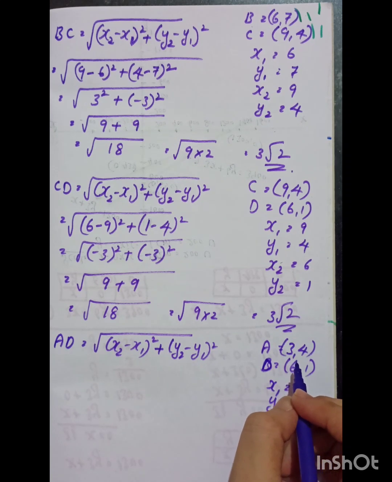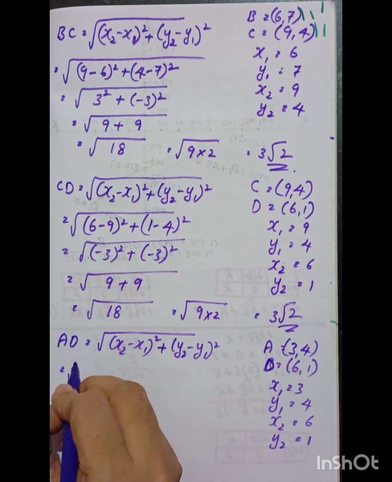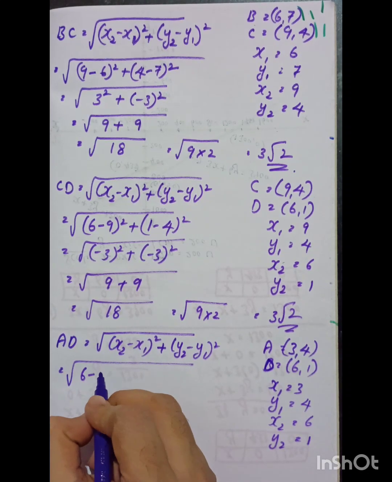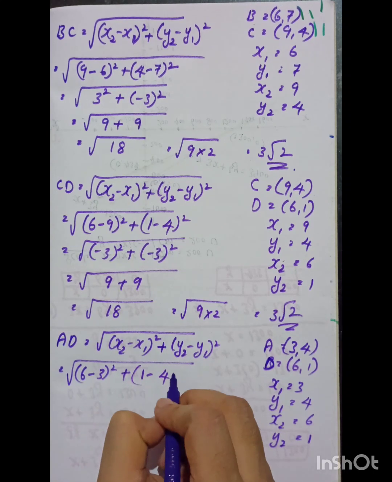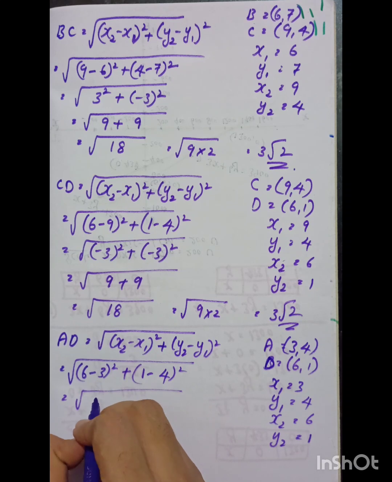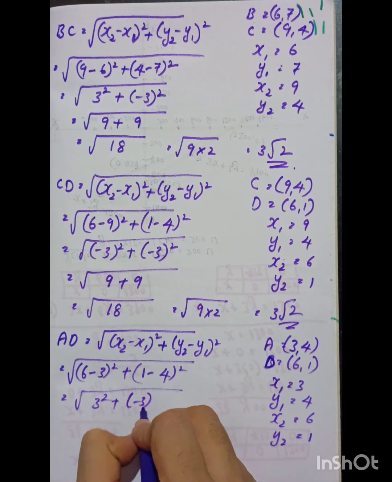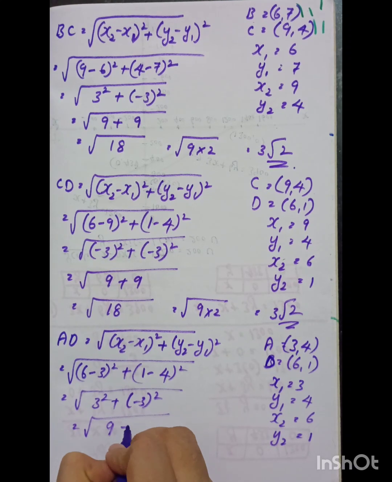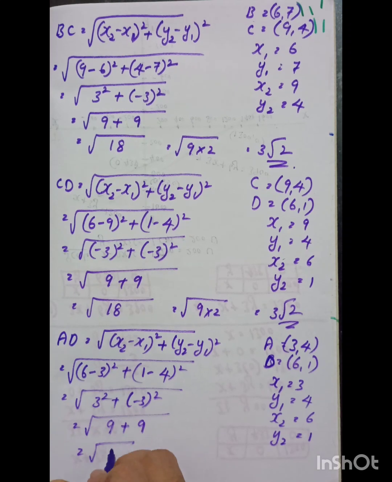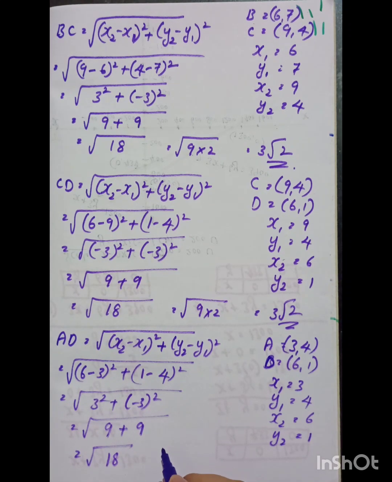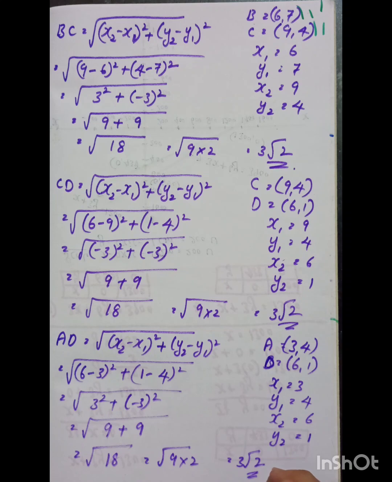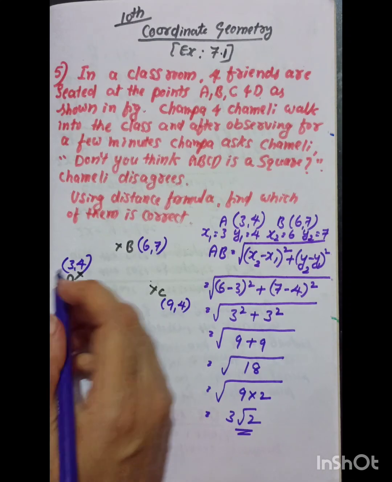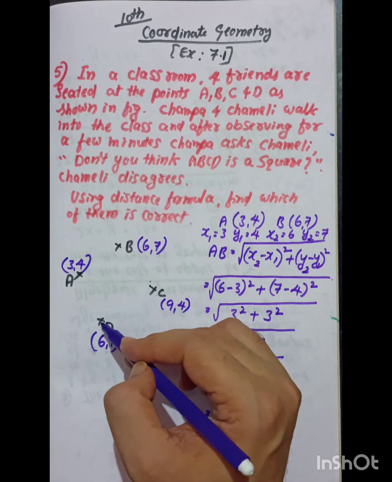Now just apply: x2 6 minus 3 whole square plus y2 1 minus 4 whole square. 6 minus 3, 3 square. 1 minus 4, that is minus 3 whole square. 9 plus minus 3 into minus 3, 9. 18, 9 into 2, 3 root 2.